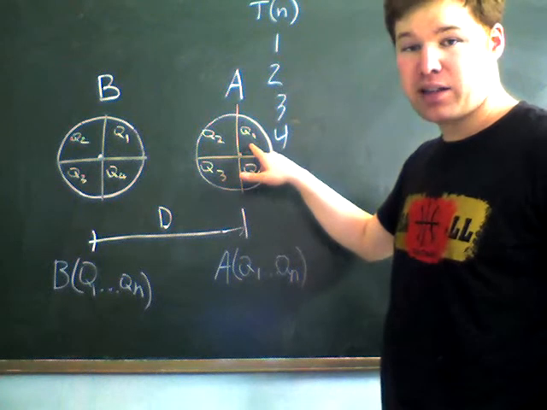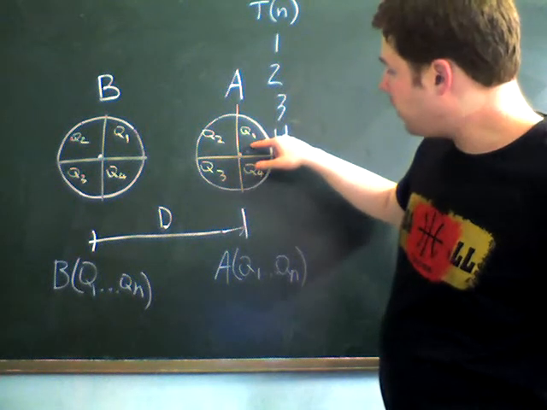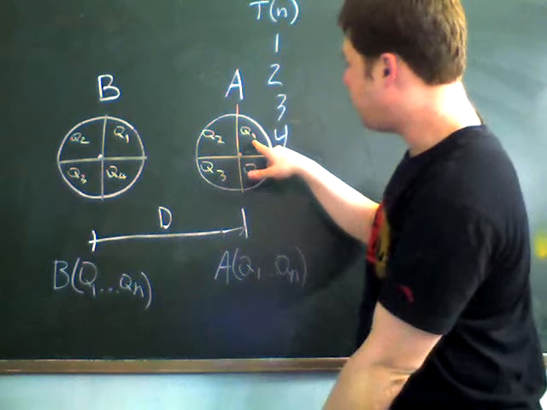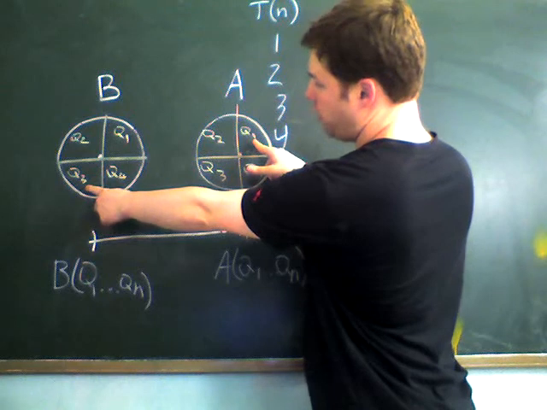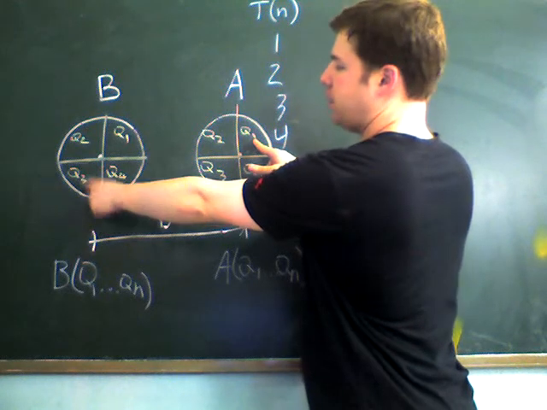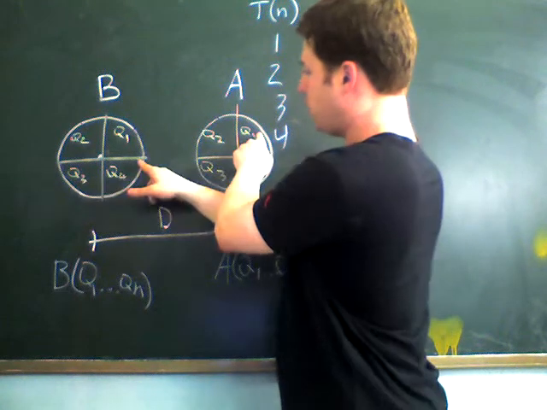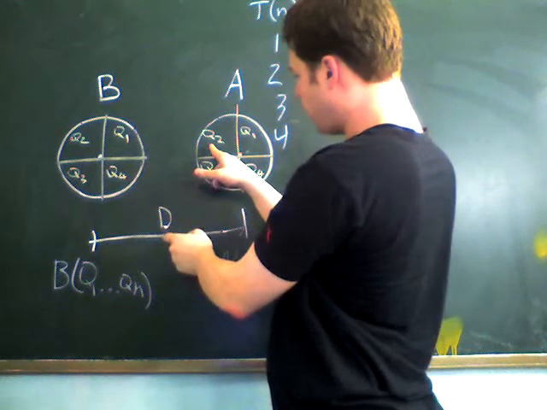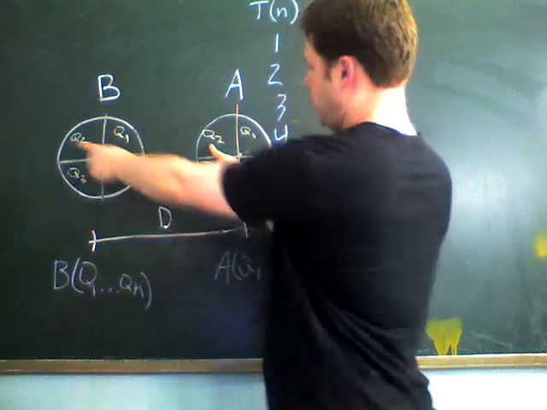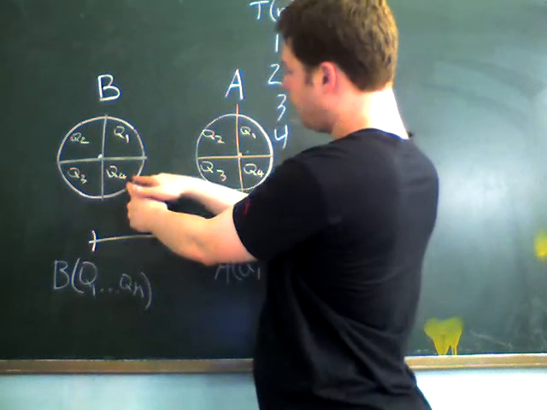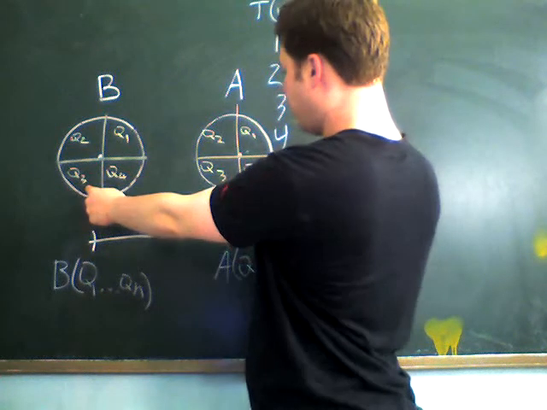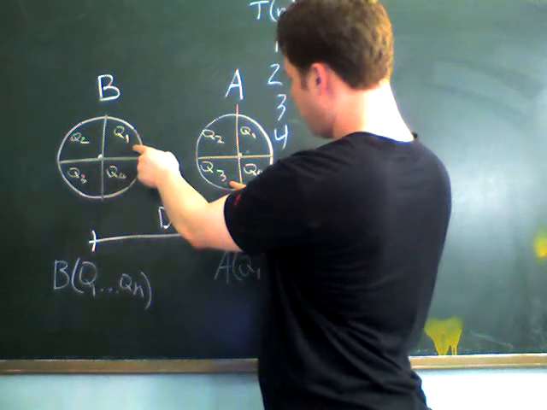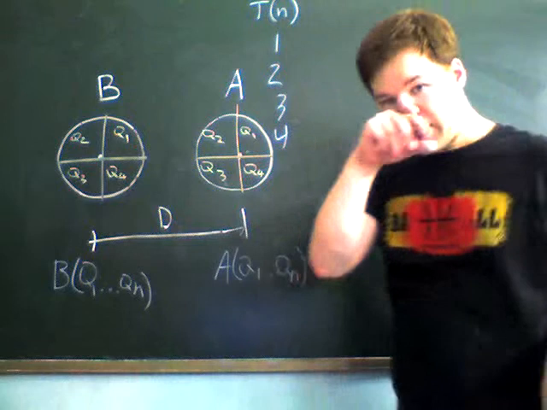Our first quadrant, we're going to swap Q1 of A with Q3 of B. Then we're on Q2 here. We're going to swap Q2 here with Q4 over here. And then Q3 over here, we're going to swap it with Q1 over here, and so on.